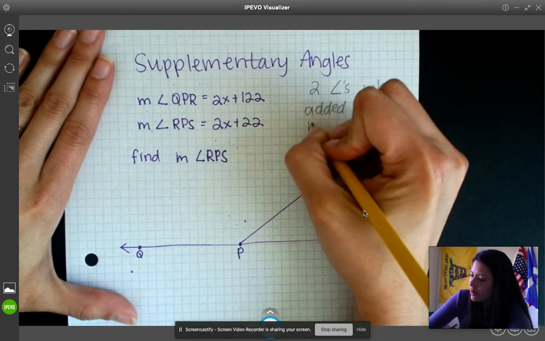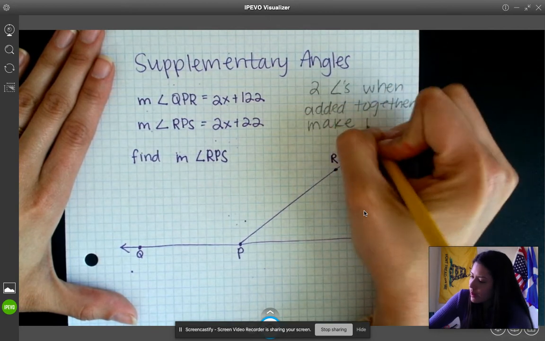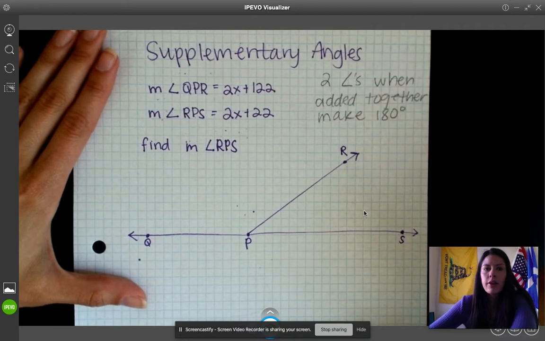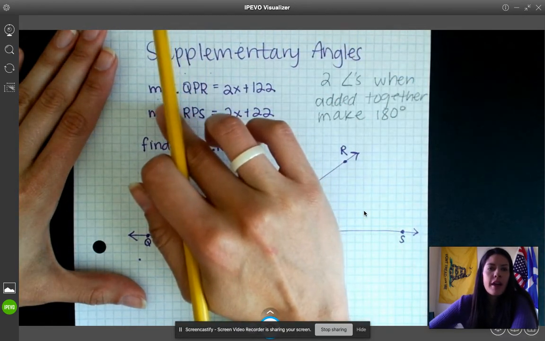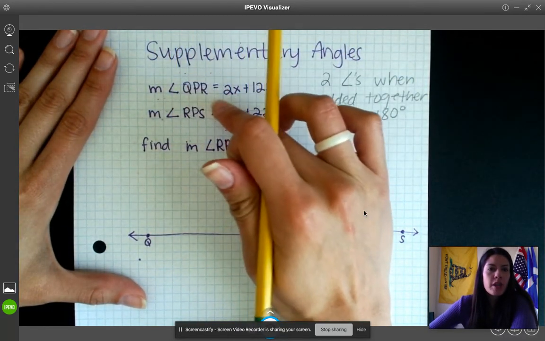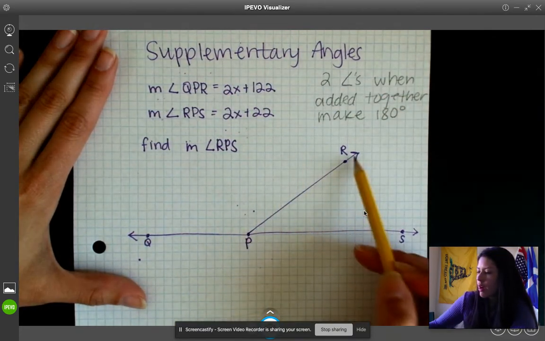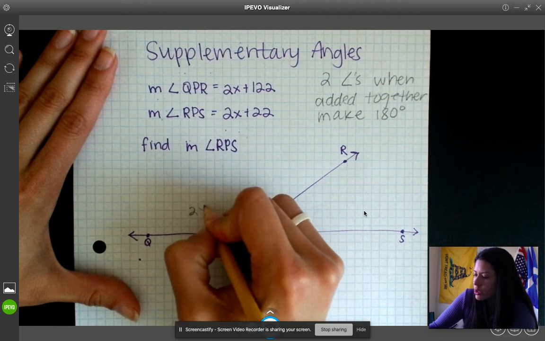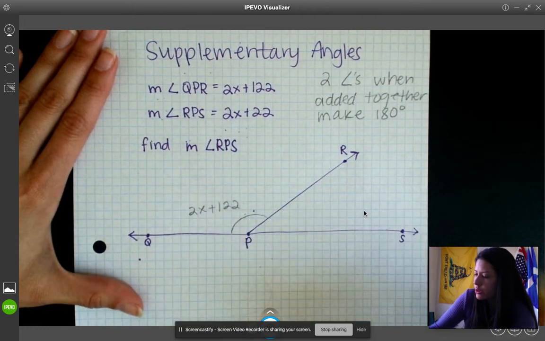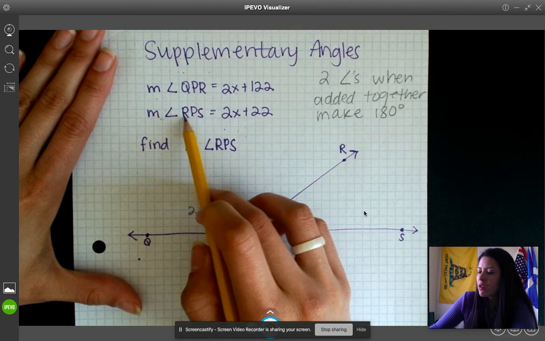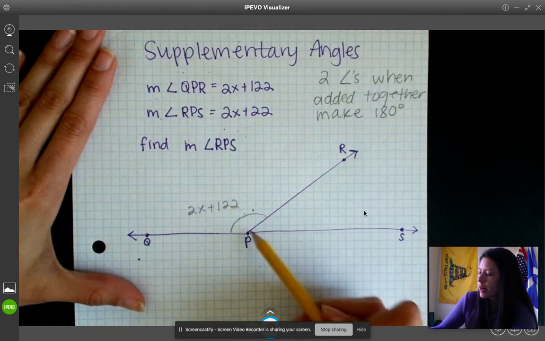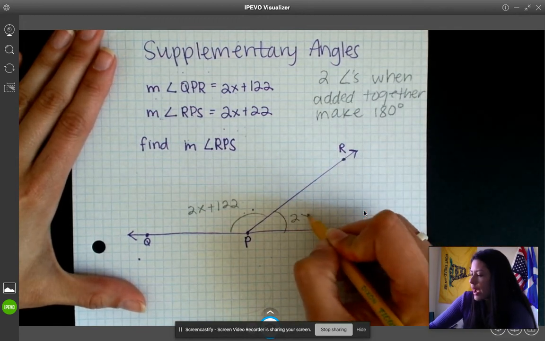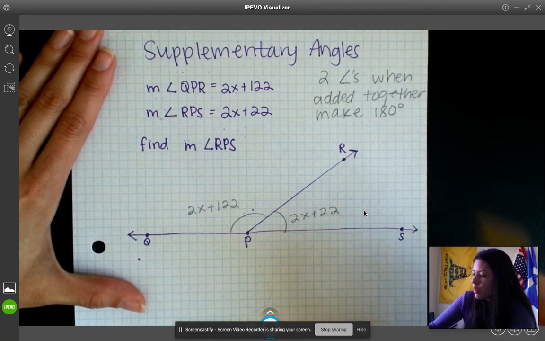So again, my givens: the measure of angle QPR, that's this right here, is equal to 2x plus 122. Measure of angle RPS is equal to 2x plus 22.